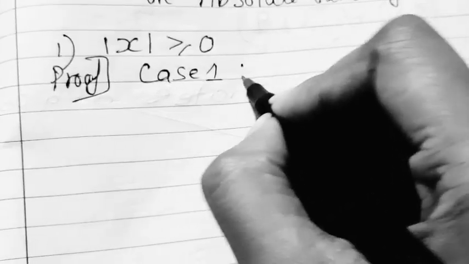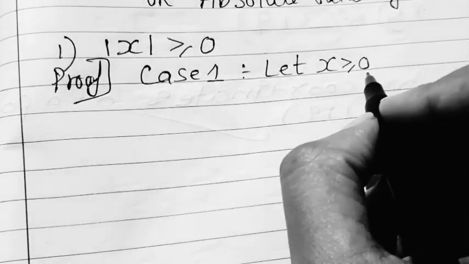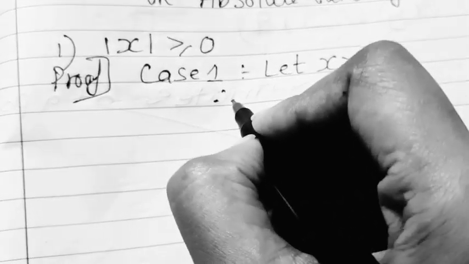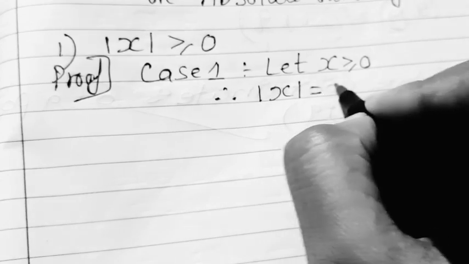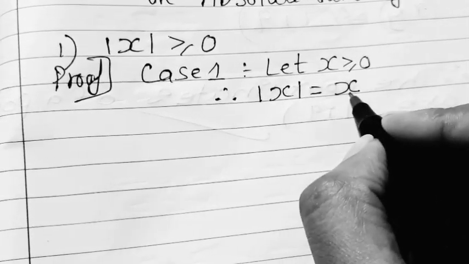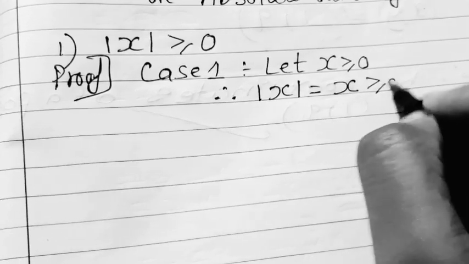So first I will take case 1. For case 1, let x be greater than or equal to 0. Here x will be positive. Therefore, modulus of x is equal to x, and this x is greater than or equal to 0.